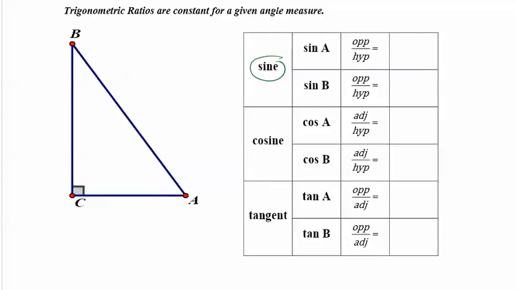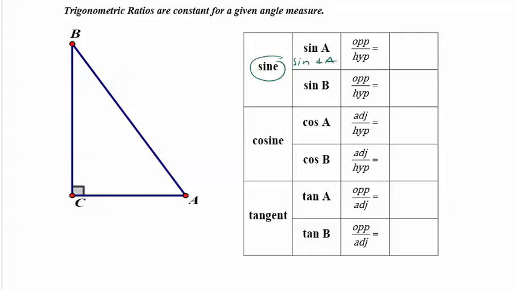For the sine, you have to pretend as if you're standing on angle A. Sine A means the sine of angle A, and sometimes you may see it written as sine of angle A, and that way is correct as well. If I'm standing on angle A, I want to look at the opposite leg.